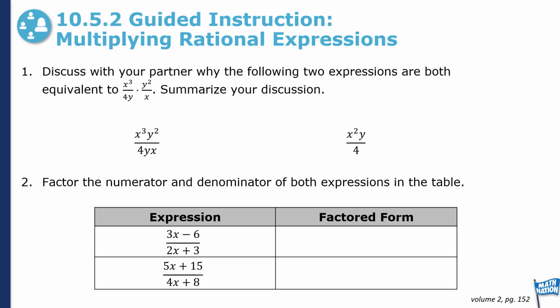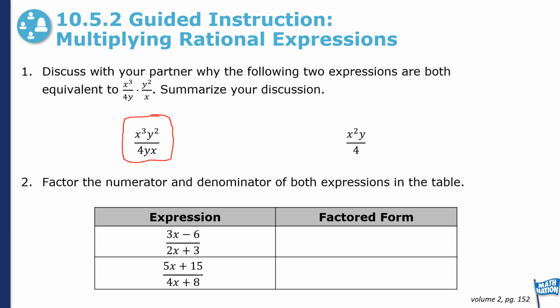So down here, they put it together here. That gives us x to the third, y to the second over 4 times y times x. So this is like subtracting same base that have exponents. That lesson we did on the laws of exponents.